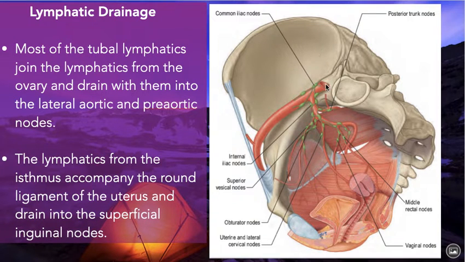The lymphatic drainage. Most of the tubal lymphatics join the lymphatics of the ovary and drain with them into the lateral aortic and the preaortic nodes. The lymphatics from the isthmus accompany the round ligament of the uterus and drain into the superficial inguinal nodes.